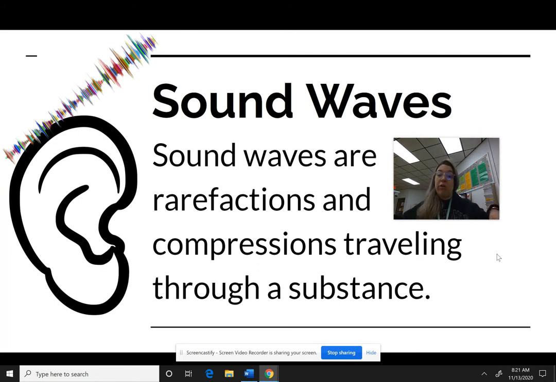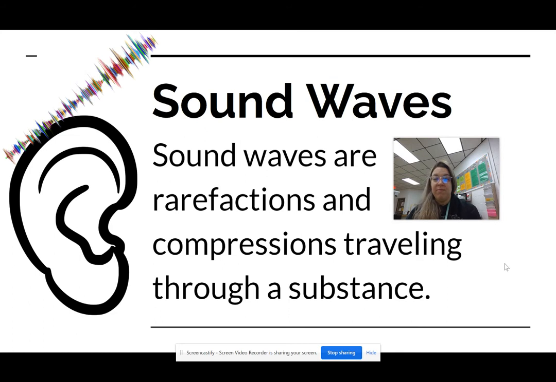It's a little bit harder through liquid and really hard through gas, which is kind of weird to think about because that's how we talk. We talk into the gas, our oxygen, our air, everything that it's made out of. So it's got to move through something; you can't hear in a vacuum, which we'll get to. Not a vacuum like you need to vacuum your carpet, a different kind of vacuum.